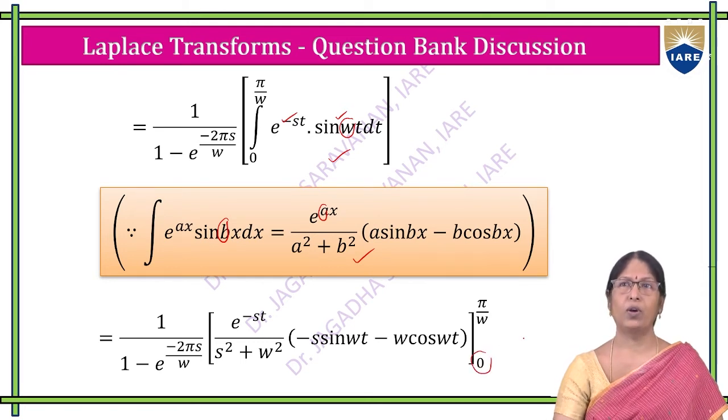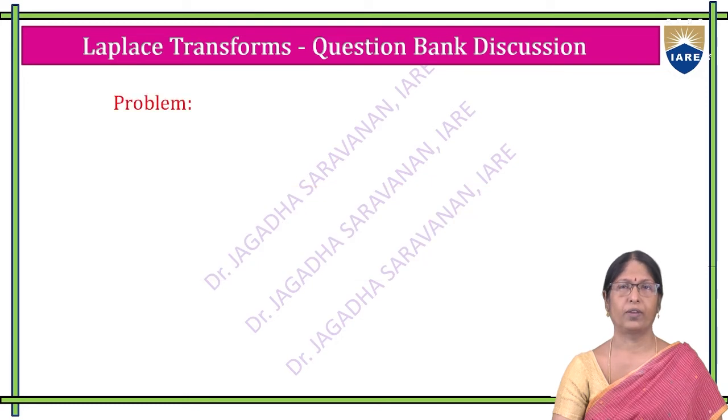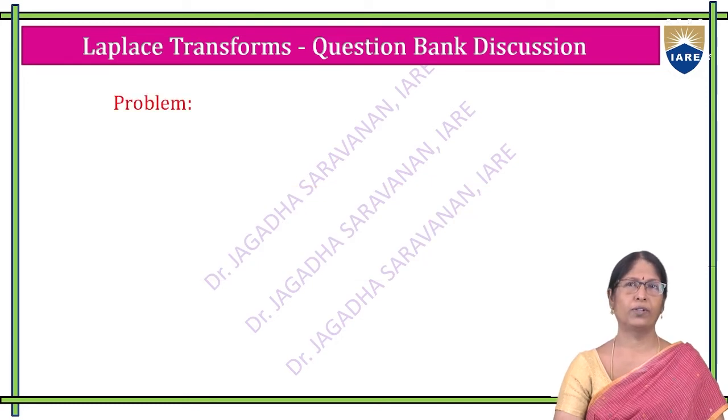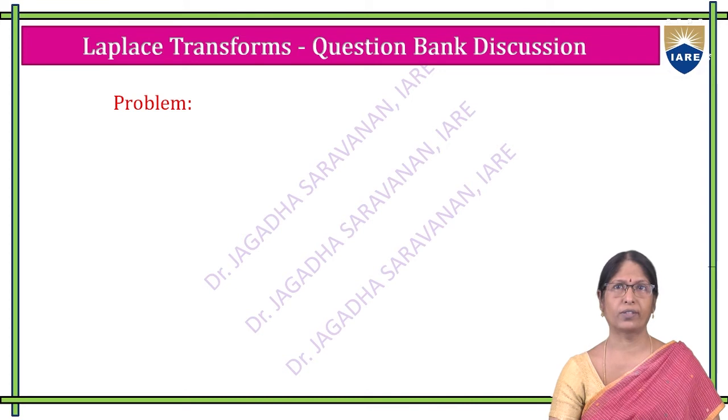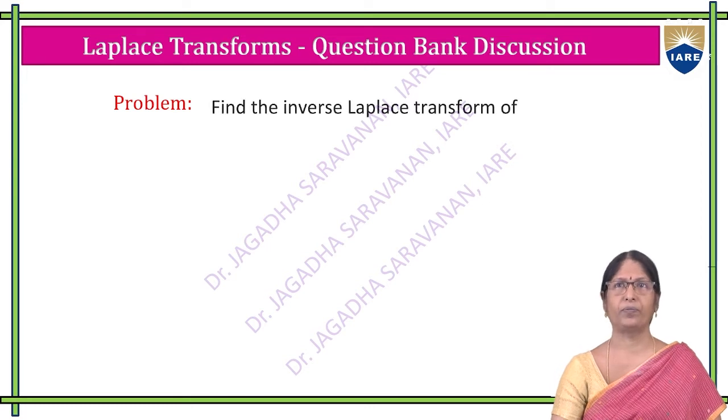Lower limit 0, upper limit pi by omega. Substituting, we will reach the result. All the problems are important points we are discussing, and more questions will follow. The complete solutions, I already told you, are in separate videos, where the solutions are explained step by step.